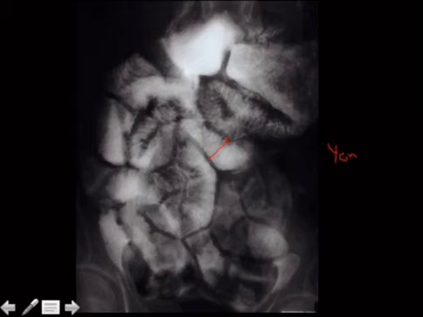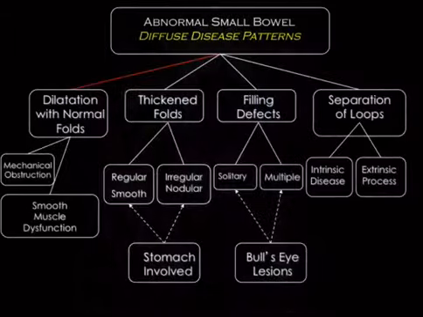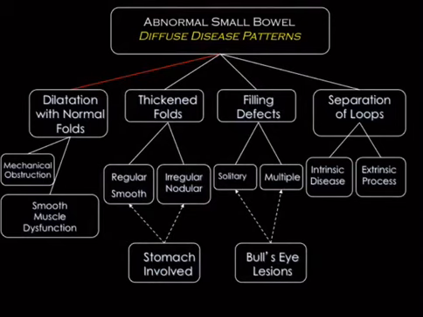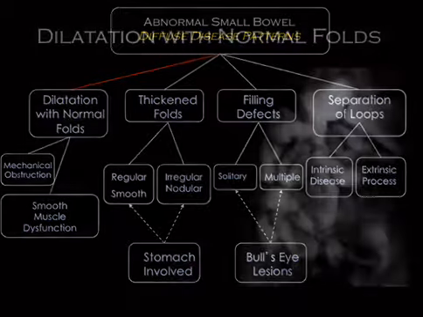Or you can just look at it and tell that it looks a little bit dilated. So you basically have 2 options when you see something like this. You've either got a mechanical obstruction, which is supposedly a contraindication for doing a small bowel follow-through, or you've got smooth muscle dysfunction, which is another way of saying you have an ileus.